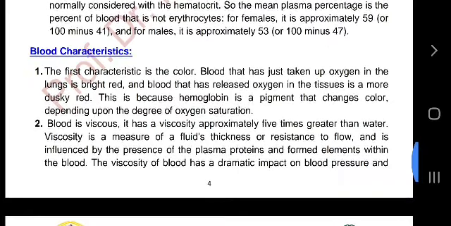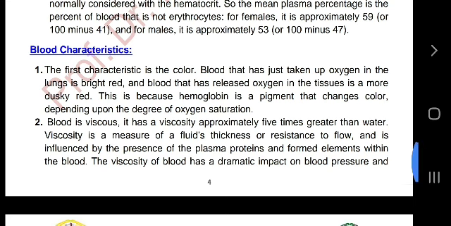Another property of blood is that it is viscous. It has a viscosity approximately 5 times greater than water. Viscosity is a measure of a fluid's thickness or resistance to flow and is influenced by the presence of plasma proteins and formed elements within the blood.